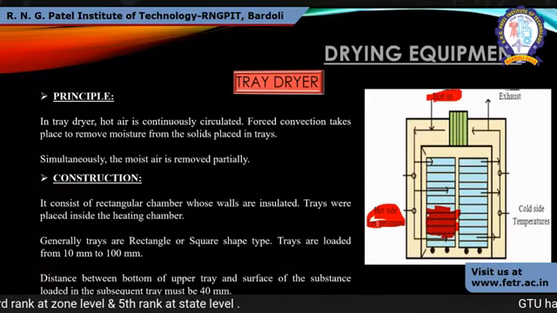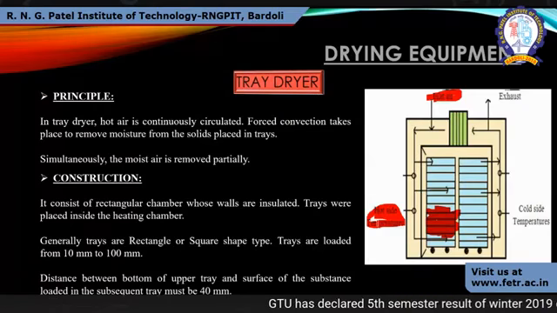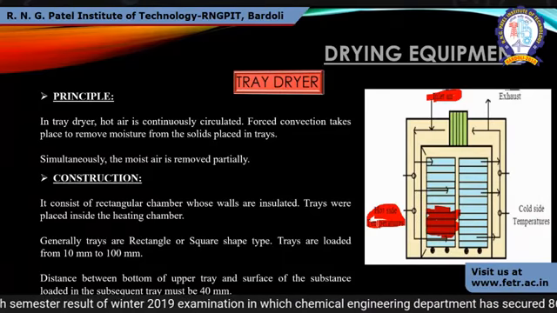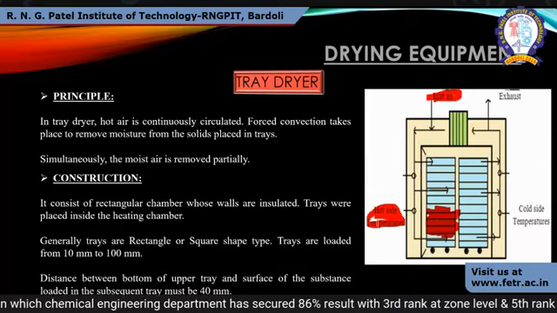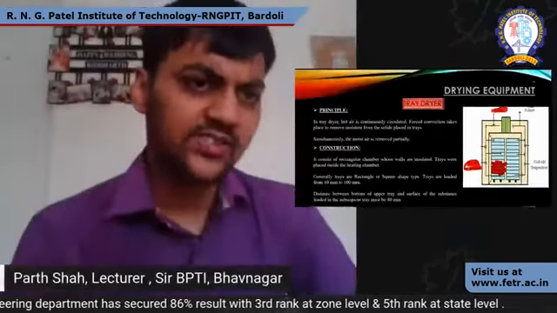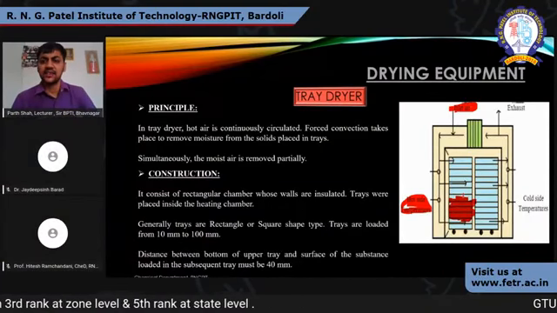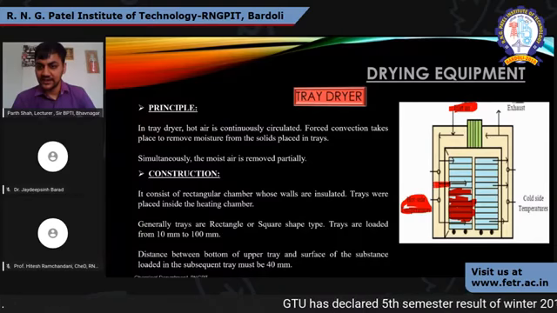So first we take the principle that in a tray dryer, hot air is continuously circulated, forced convection. I think you all are familiar with the conduction and convection terms, right? So convection takes place to remove moisture from the solid placed inside the tray. Now you see, this is the air inlet.